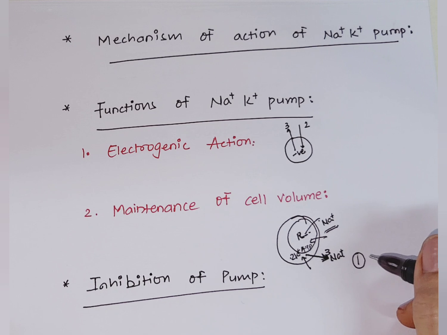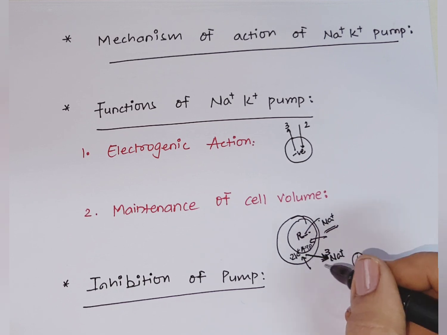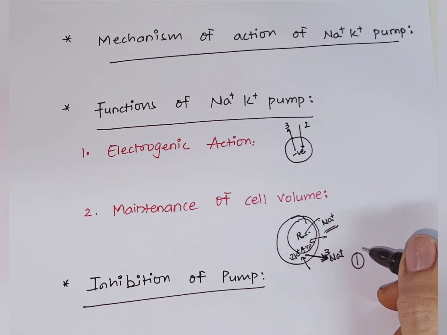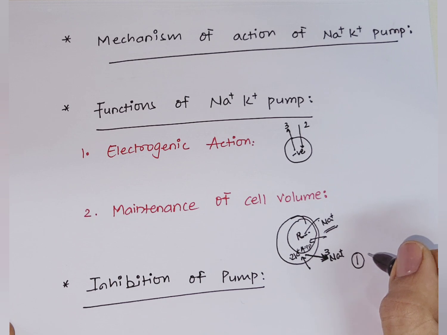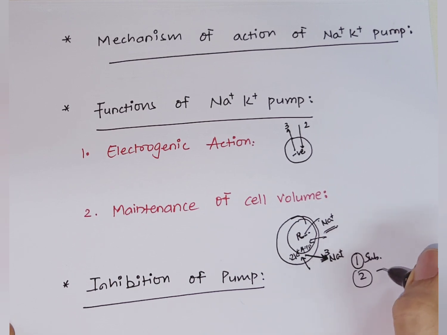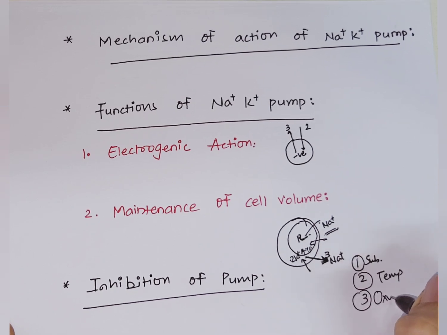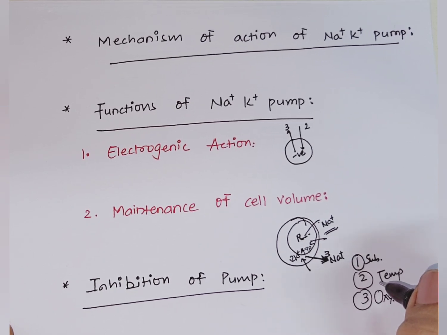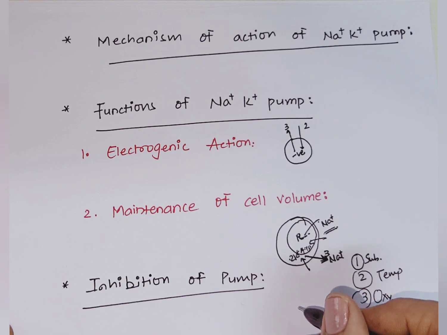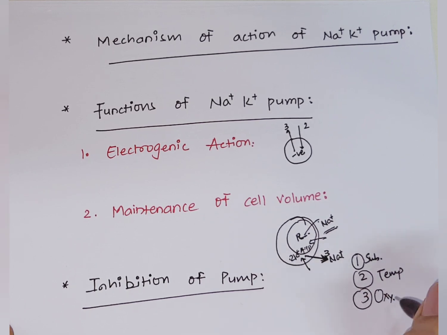Very low temperature also causes inhibition of the pump. Third, because ATP comes from aerobic glycolysis, oxygen is required. Fourth, some metabolic poisons like 2,4-nitrophenol also inhibit ATP, so the pump activity is inhibited.